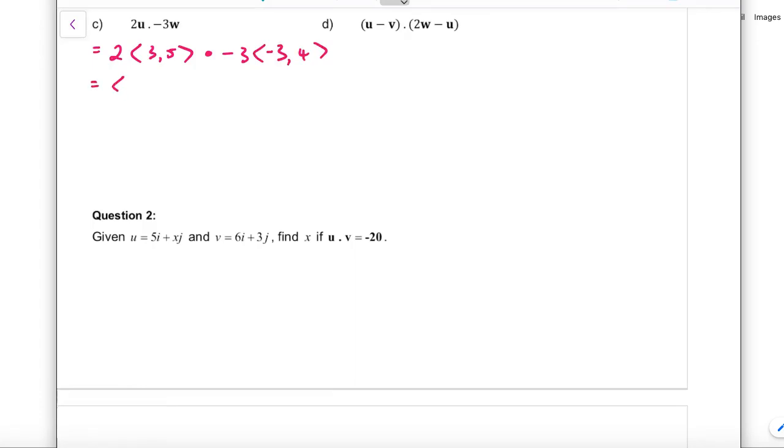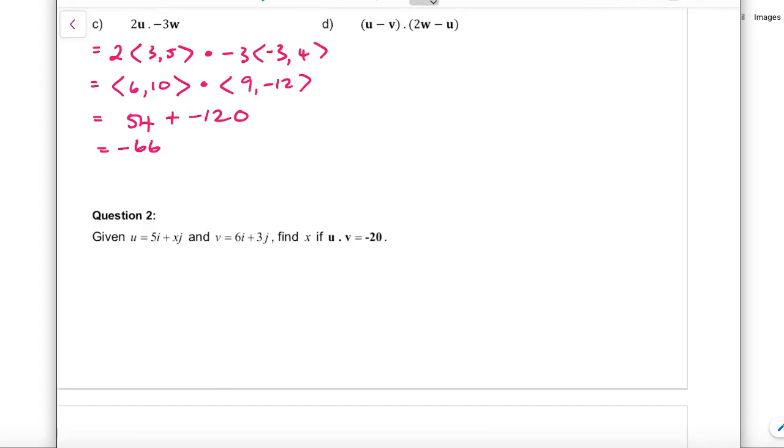So we can just multiply those into the vector. We'd have (6, 10) multiplied by (9, -12). Then we could do our scalar product, multiplying the i components together: 6 9s are 54, and adding on the j components of -120, we get -66.